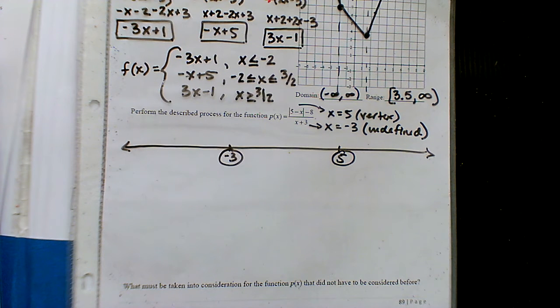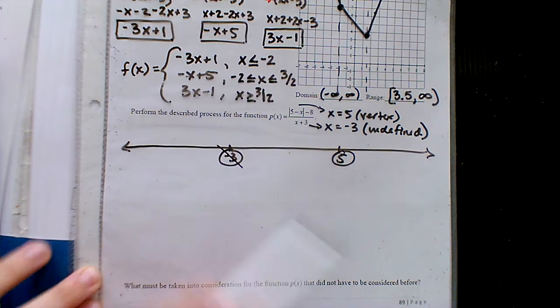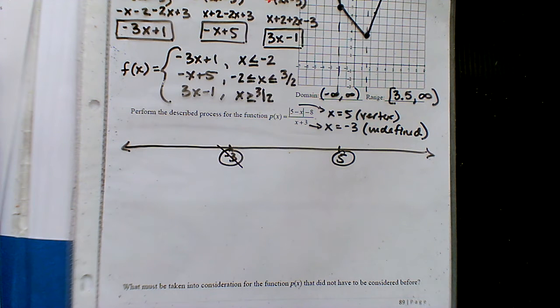On my number line, as a reminder that -3 is undefined, an x value that does not work, I'm going to put a little slash through it, because I cannot plug in that number. We cannot include it at all. We can include 5 though, because we know that's a vertex. -3, not so much.